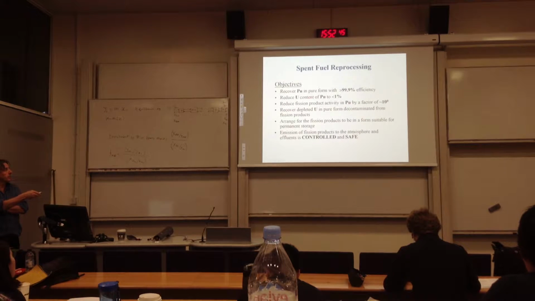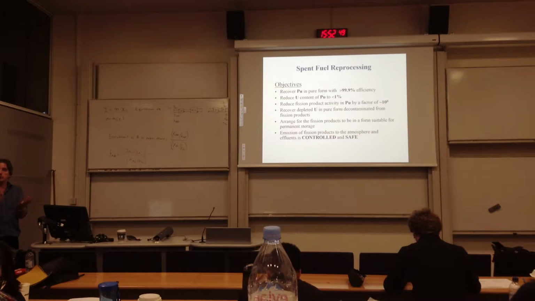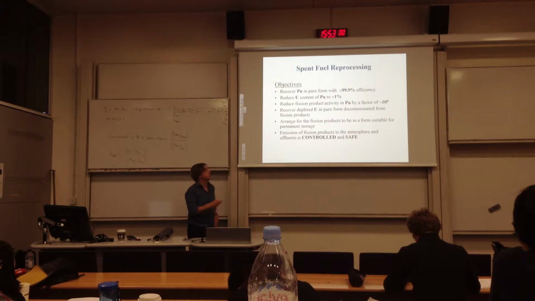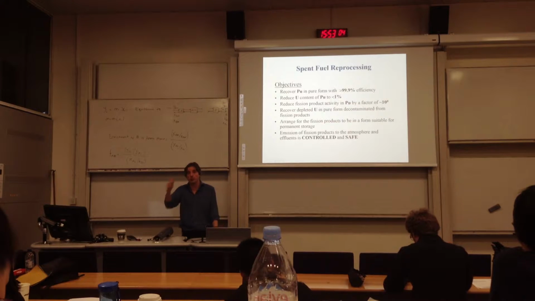The first refers to how much of the original plutonium we can recover. And as you can see, they may be going in opposite ways. The more plutonium you want to recover, the less the purity, or the purity can be affected negatively.